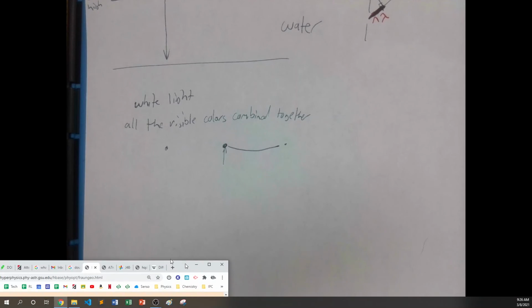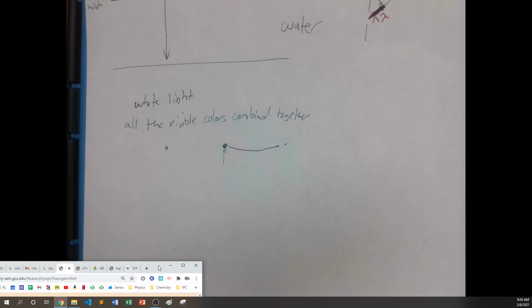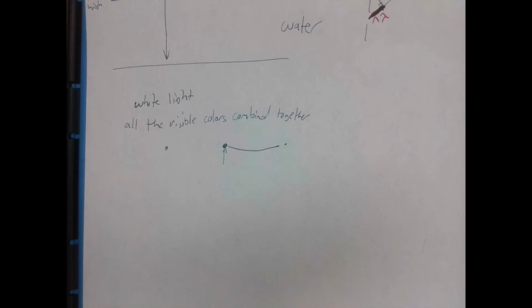That means that all the green light between is destructively interfered. So between the two points, there is no green light because it's been destructively interfered and cannot exist there. It only exists at the point of constructive interference.